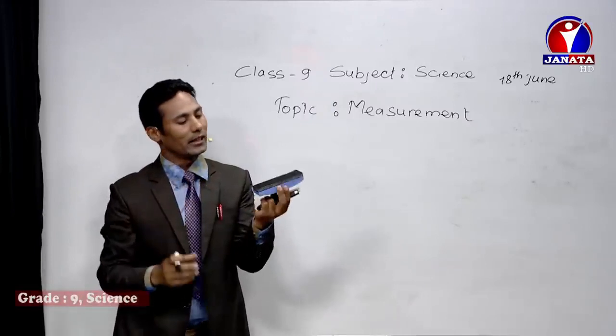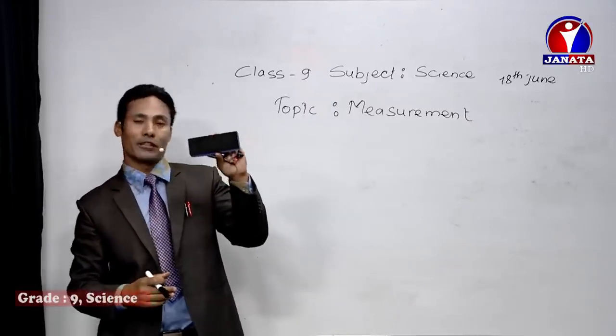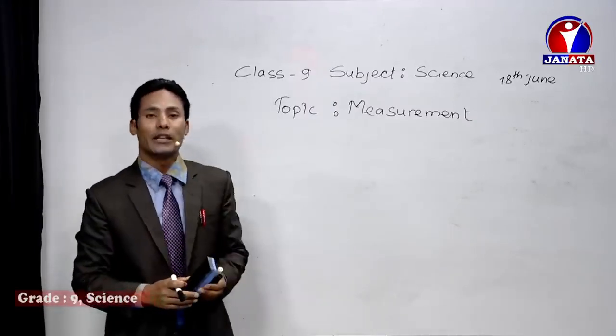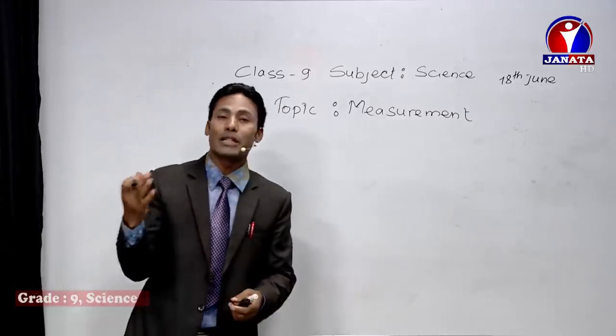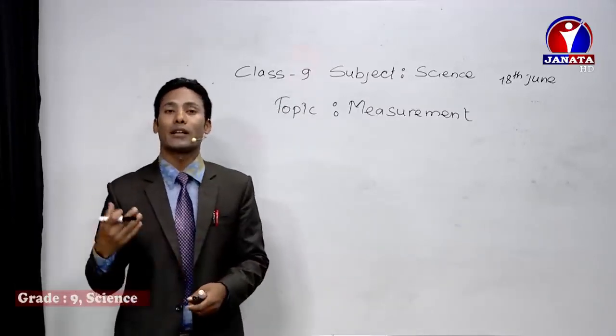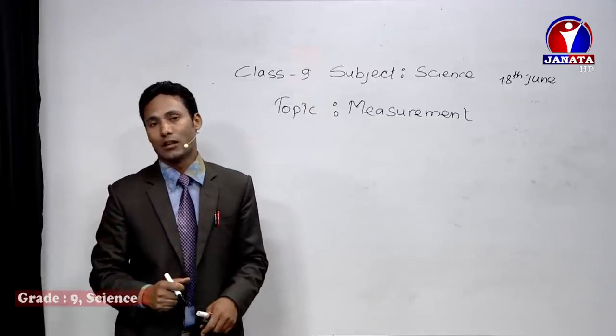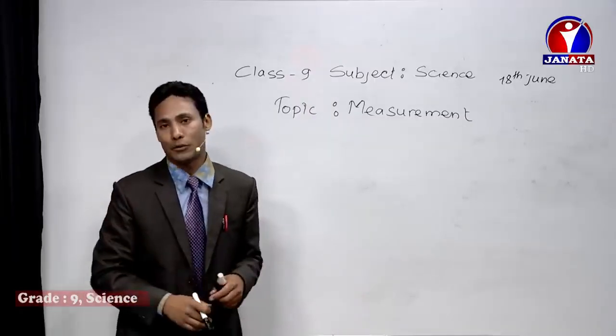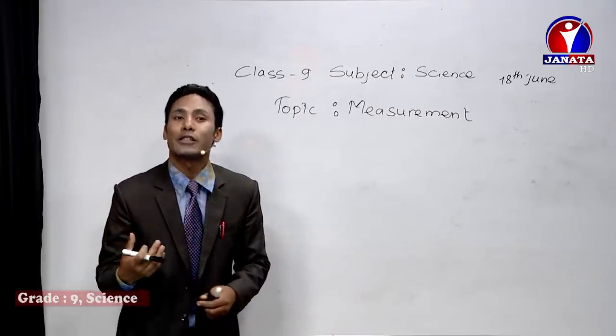Now I have asked what is the length of this, right? Similarly, I can ask what is the mass of this object. Similarly, if some moving object is there, I can ask what is the velocity of that object, what is its speed, or what is its acceleration.